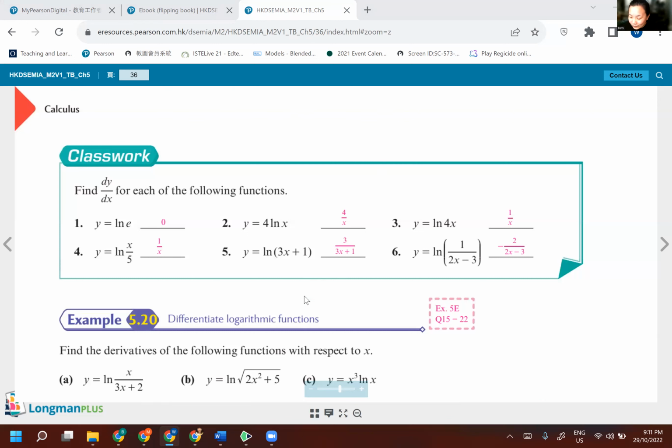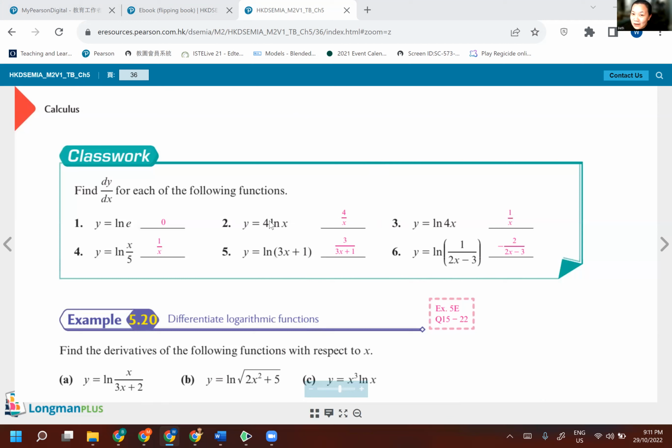Now, I think maybe some of you are stuck here in the last question. It's funny. Let's talk about question 2 and 3 first. It's funny that the answer is so different. You see?